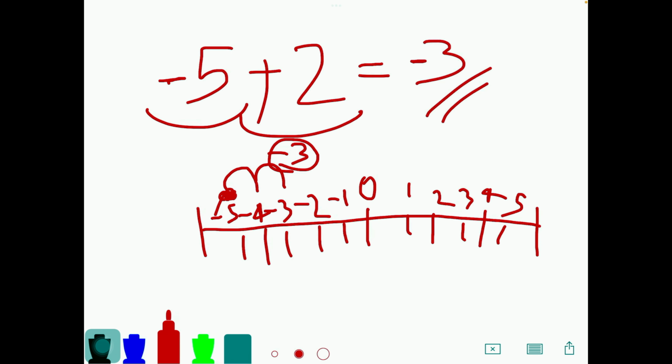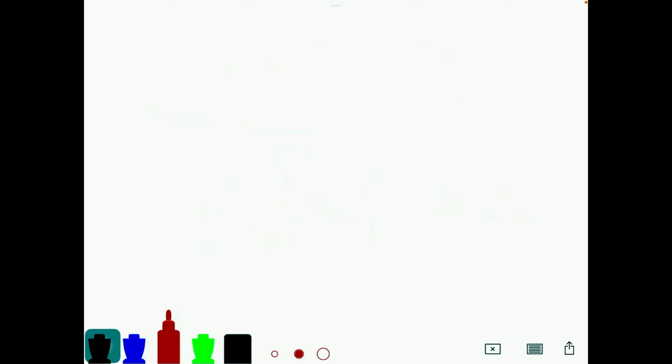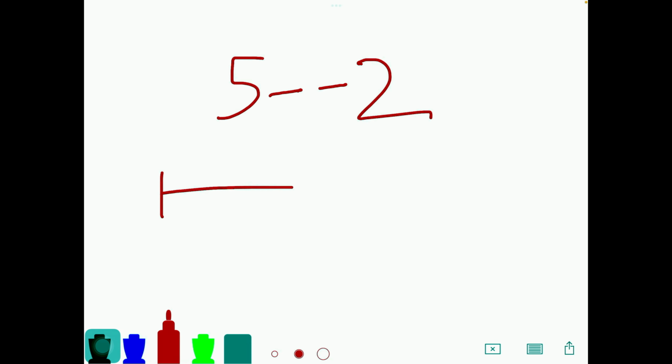So the next one, let's do a bit harder one. What do we do if there's 5 minus and another minus and then 2? You might think, why are there two signs next to each other? Let's do a number line again.